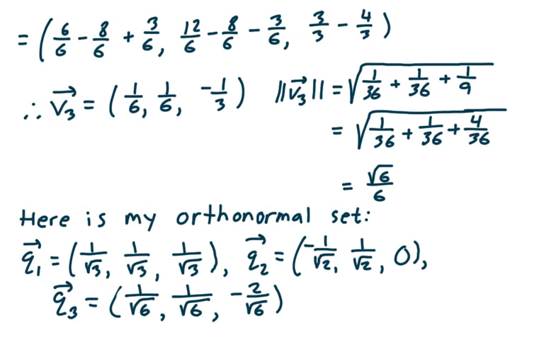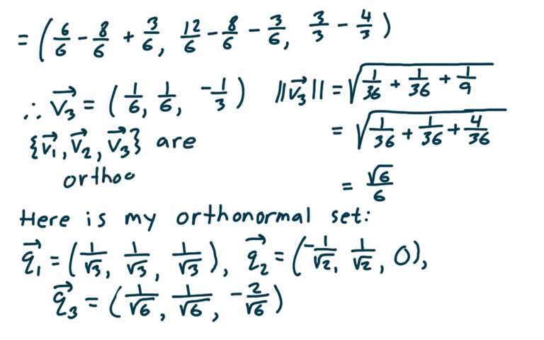Now, V1, V2, and V3 are my orthogonal set, right? Let me write that down. V1, V2, and V3, I claim, are orthogonal. But what am I looking for? I'm looking for an orthonormal set, which means every vector has to have a length of 1.